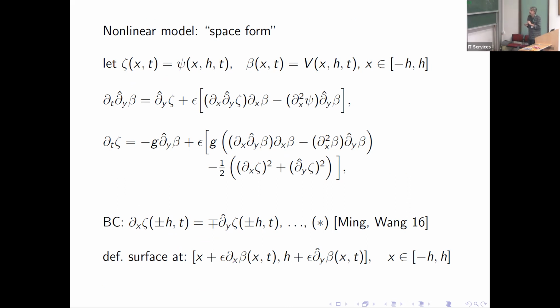You see here derivatives and this Dirichlet-Neumann operator, the normal derivative at the horizontal line. This is completely equivalent to what I have done, because I expanded these functions in the normal modes.